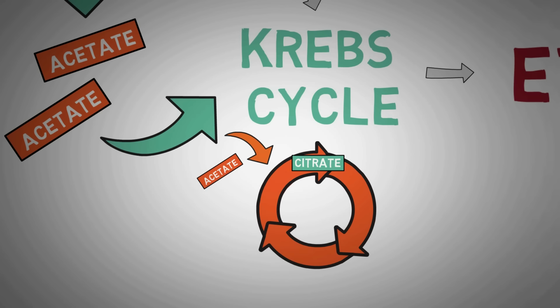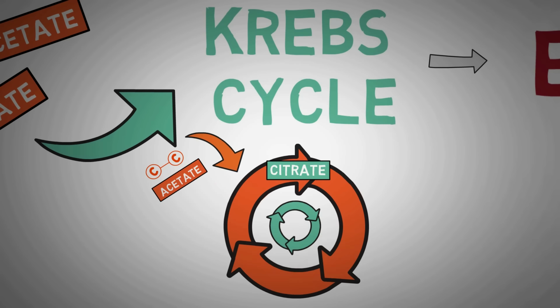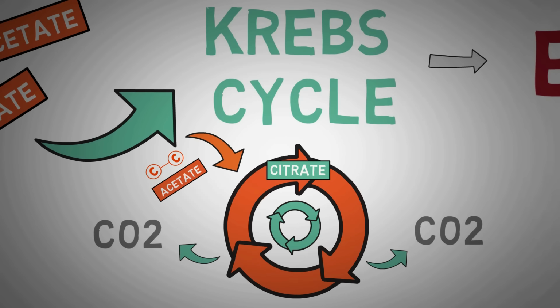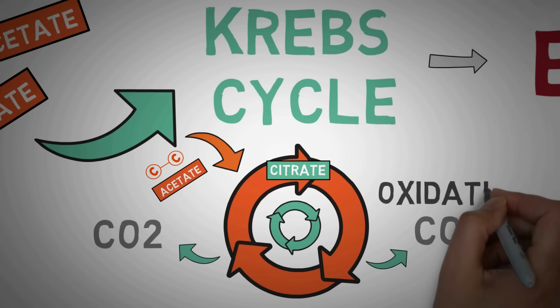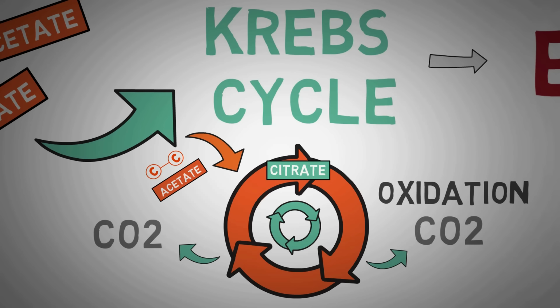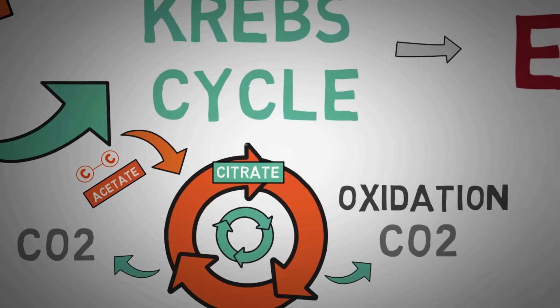When we add acetate to this cycle, this is a 2-carbon compound. This cycle takes a full turn and releases 2 molecules of carbon dioxide as a waste product, meaning the 2 carbons that we added in the form of acetate are released in the form of carbon dioxide. This carbon dioxide is produced due to the process of oxidation that occurs in the Krebs cycle as a result of various enzymes.